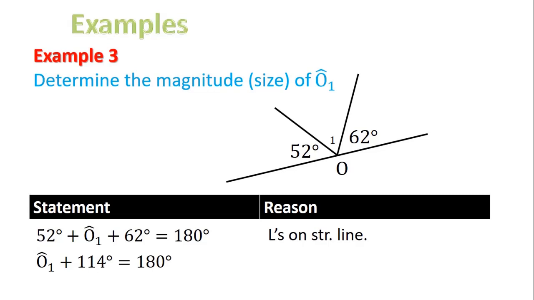I get 114 by adding 52 degrees and 62 degrees. Now, to get what O1 is, I have to subtract 114 degrees from both sides, and so I get O1 equals 66 degrees.